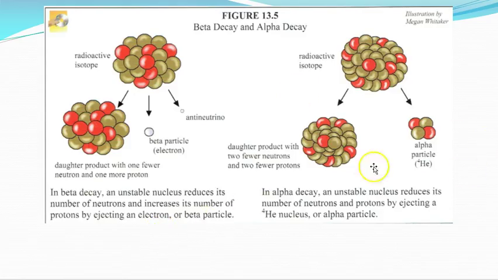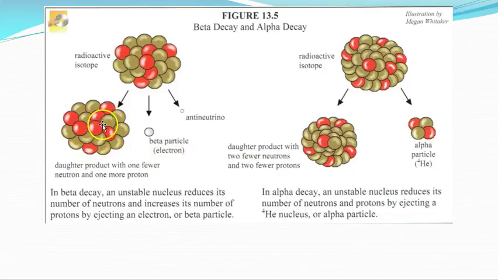Your text has this figure 13.5, which gives a description, and it shows a radioactive isotope. We have protons and neutrons in the nucleus, and a beta particle is emitted, which is an electron.